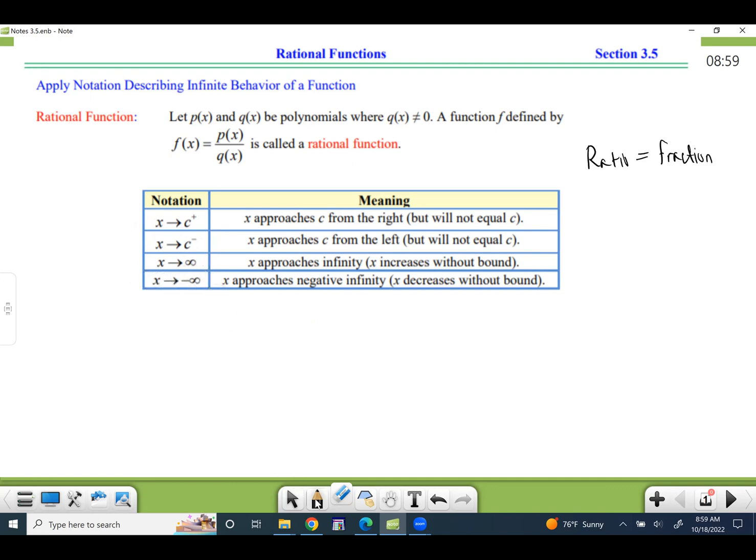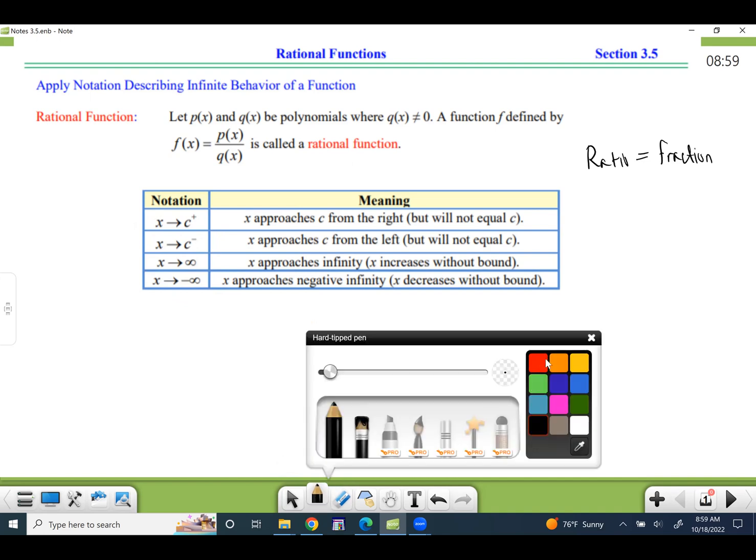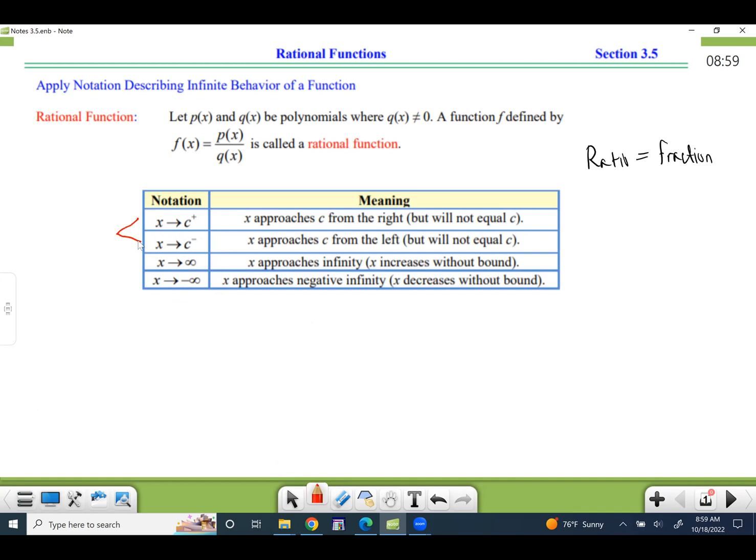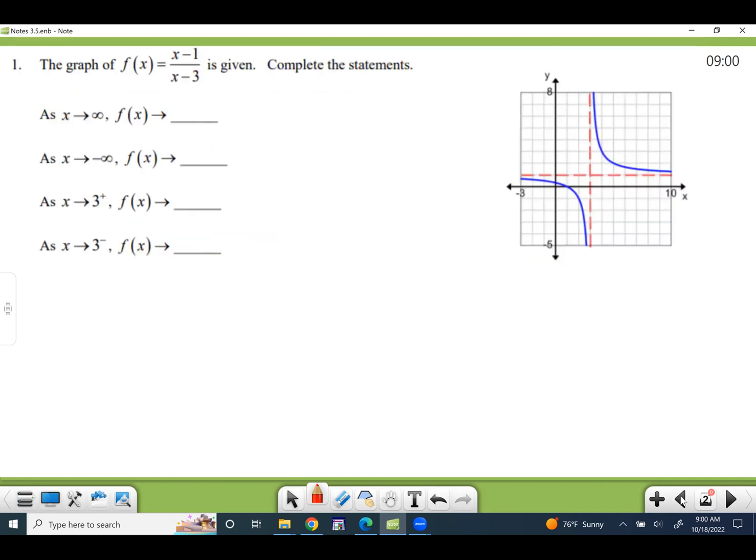So you really want to think of this as we can travel the graph one of two ways. For these two, you're going to be traveling inward on the graph, not outward. And then for these two, whenever you see an infinity, you're going to be traveling outward. We'll talk more about that in a second, when we get to this first example, the inward versus the outward.